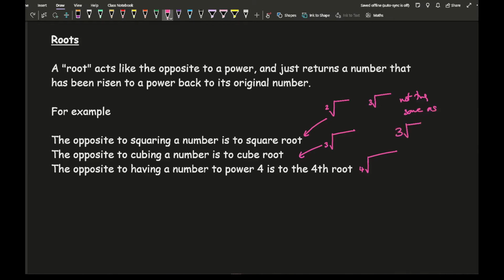Both of these would give numbers, but they are completely different. The latter is a topic in maths that we call surds, which is a high GCSE, A-level topic. So if you're working in year 7, 8, 9, the odds are you're not going to be working with surds just yet, but there is a big difference between a cube root and 3 root. So make sure that you are using the correct one.